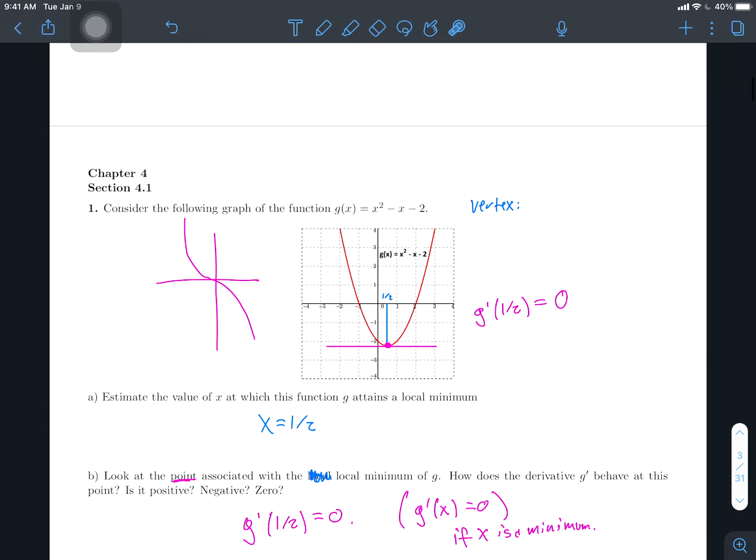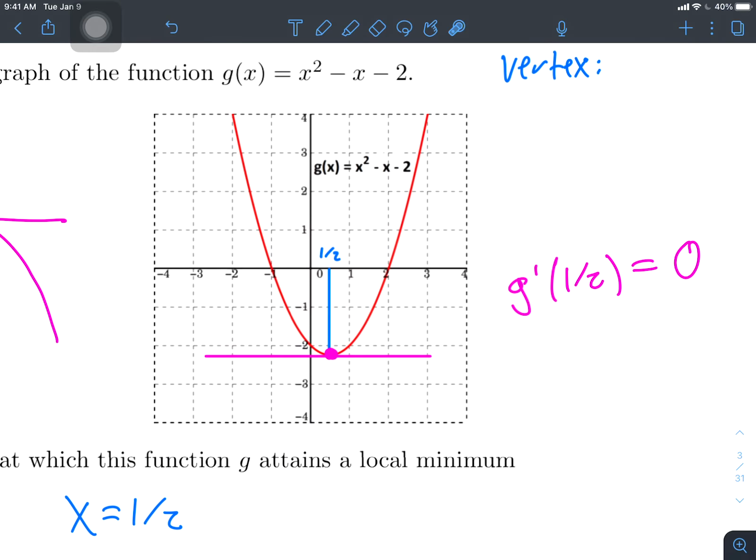The points where we found that the derivative was 0 or it didn't exist were points that we called critical points. Critical points were our candidates, which we then check to see whether they're mins or maxes using either the first derivative test or the second derivative test. The first derivative test is what I've been describing so far: check the sign of the first derivative close to our point on the left and right.